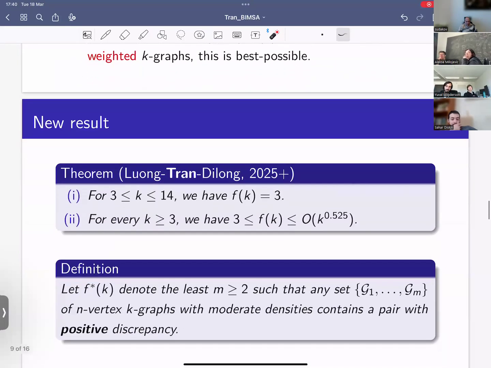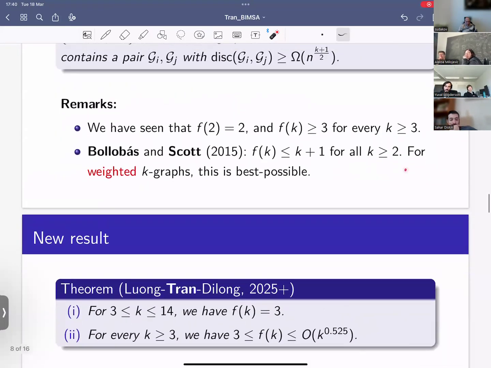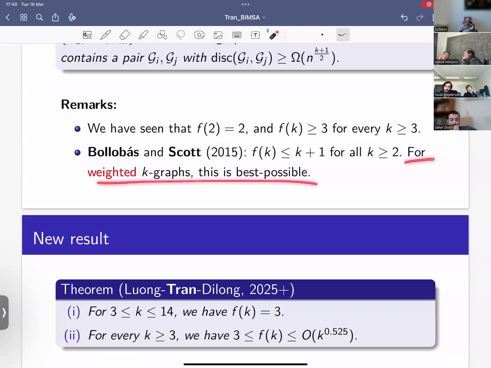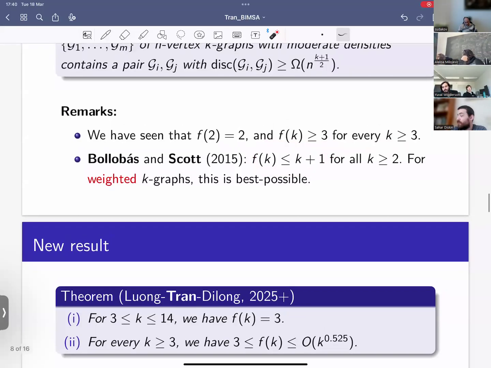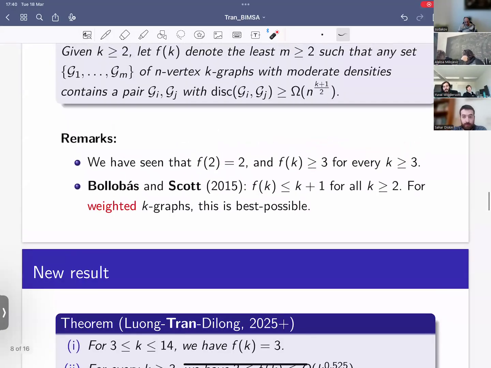As I said, this is in a sense best possible for weighted k-hypergraphs, because they also prove the same upper bound for weighted k-graphs, and they also prove that there exists a k-uniform weighted hypergraph such that the discrepancy between any pair is 0.